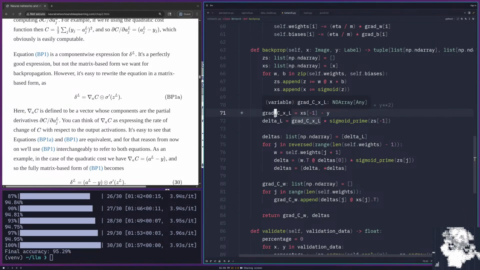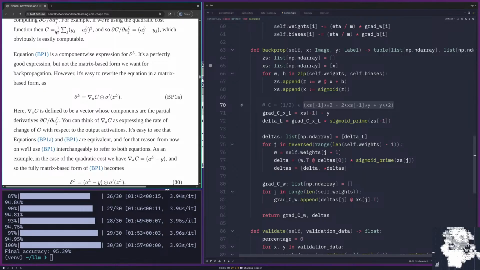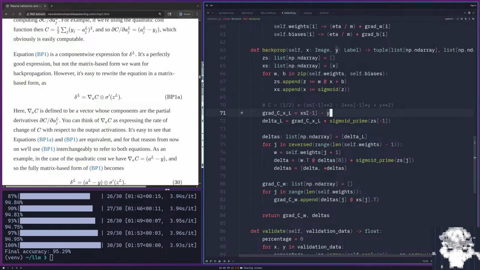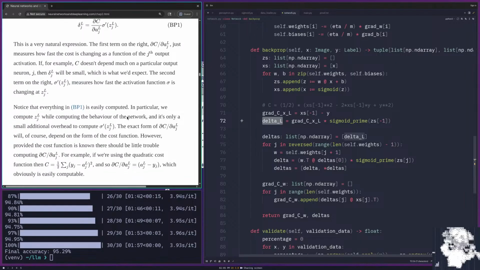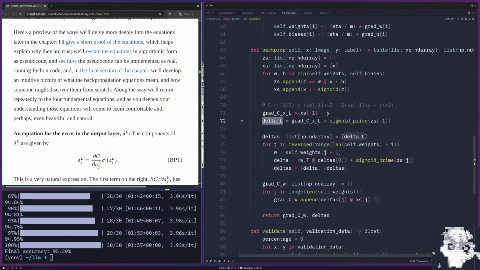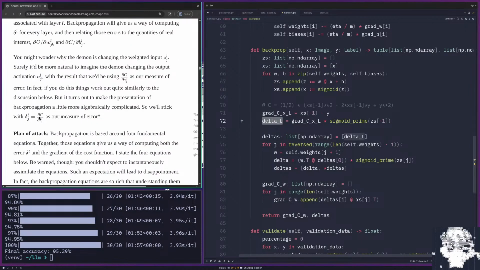So the derivative of the cost function in the final layer with respect to X is going to be this, and we figured that out because the cost function is this thing here. We just take the derivative in the normal way and we get this. This value delta, which is defined as the derivative of the cost function with respect to Z, is this here, by the definition of a partial derivative.